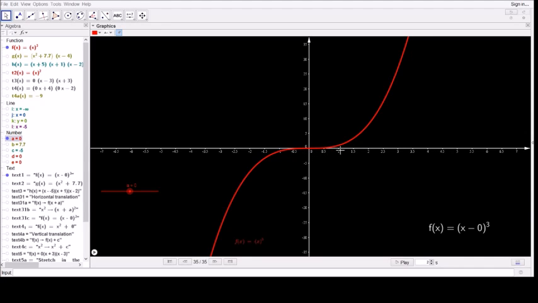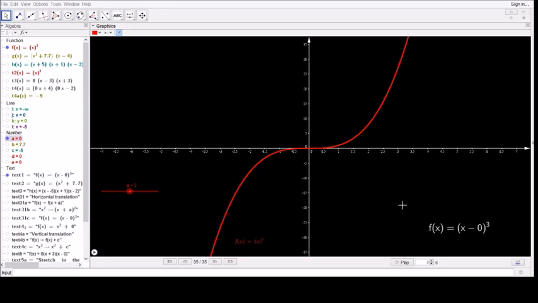You can also see that as x heads off to positive infinity, f of x will also head off to positive infinity, and likewise as x goes to negative infinity, f of x will head off down to negative infinity. You can also see that the shape of the graph is quite flat in the interval between about minus 0.5 and 0.5.